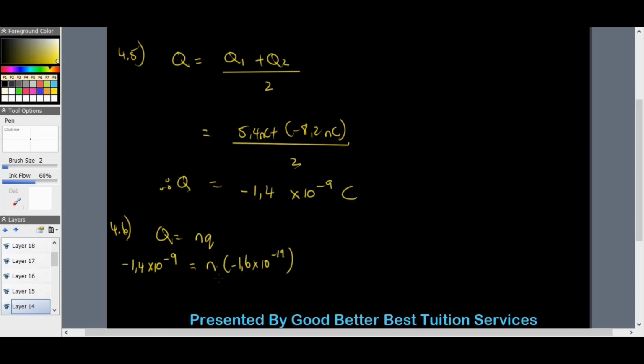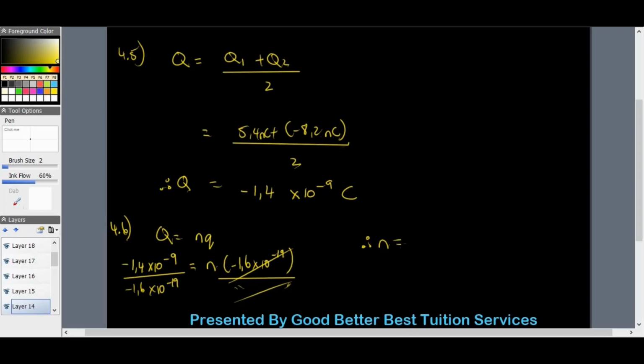We divide both sides by this number, and they cancel. Therefore n, in this case, is going to be equal to negative 1,4 times 10 to the negative 9, divided by negative 1,6 times 10 to the negative 19.